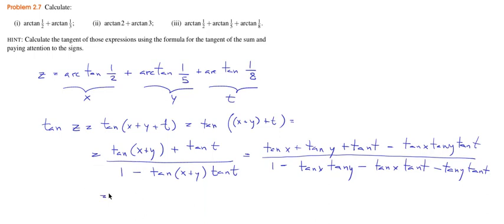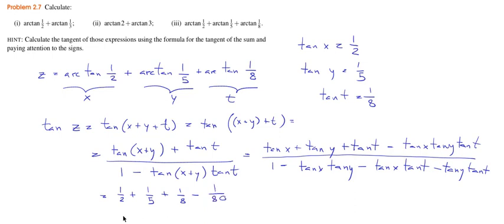And as before, we know that the tangent of x is 1/2, the tangent of y is 1 over 5, and the tangent of t is 1 over 8. So if we substitute here, we have 1 over 2 plus 1 over 5 plus 1 over 8 minus 1 over 80, and here we have 1 minus 1 over 10 minus 1 over 16 minus 1 over 40.